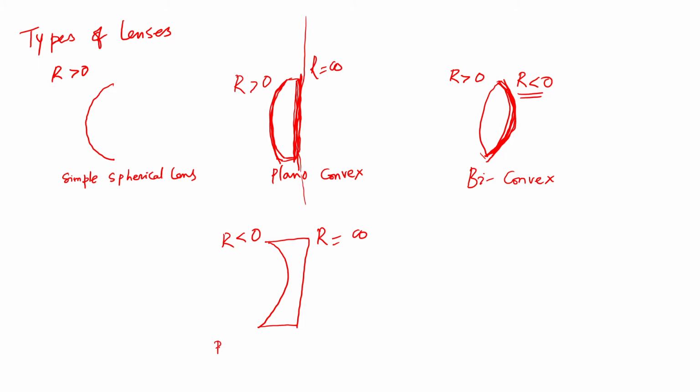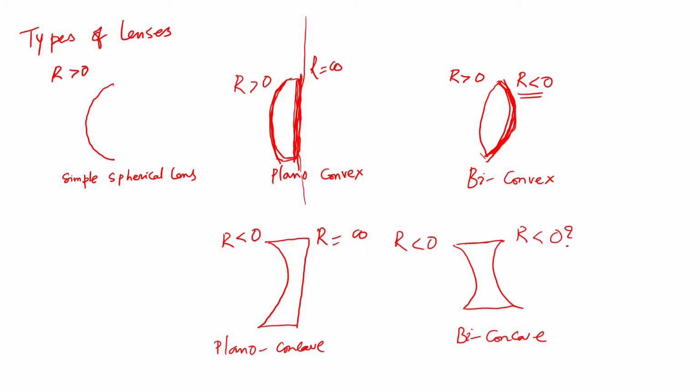So this is a plano-concave. A biconcave, the radius of curvature is, should it be less than 0?